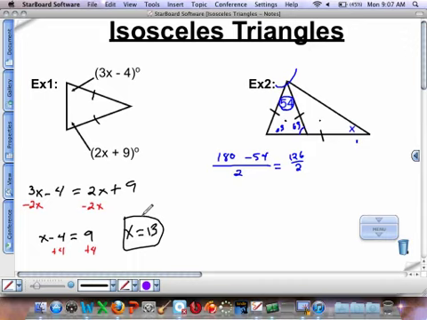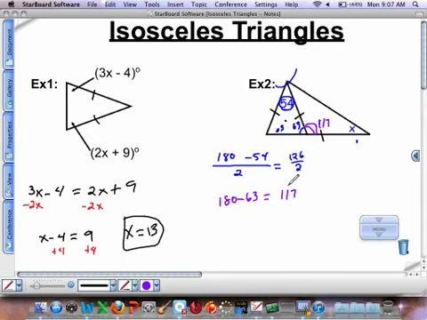All right, let's do this one piece at a time. So you're telling me in order to find this vertex angle, we're going to take 180 minus the 63, right? 180 minus 63 is 117. So that tells me now that this is 117 degrees. Good.